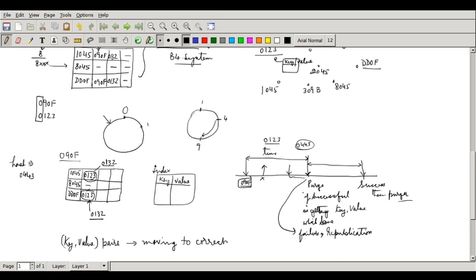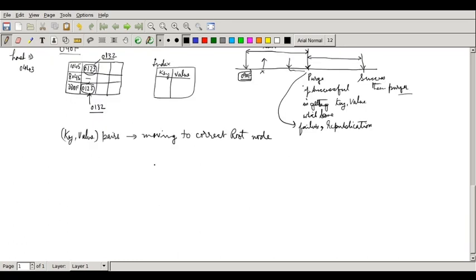Now the only problem which remains is, if the node dies off, what is going to happen? In this case, we need to figure out a mechanism for this. One possibility is that somehow the source will figure it out and republish the key value pair. But probably the source is dead after putting the key value pair.